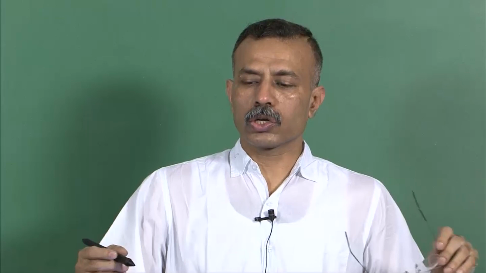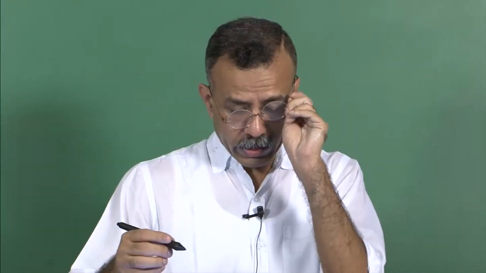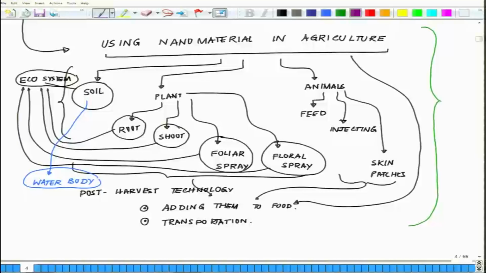If you recollect, one of the slides I talked about pretty early when I started the course is using nanomaterials in agriculture, and there we talked about where all nanomaterials could be used. It could be used in the soil directly, or in the plant body at different stages of plant growth, or in animal feed, or injecting the animals, or for skin patches.